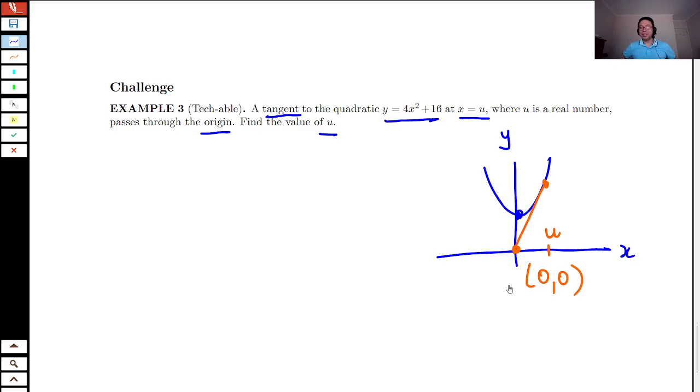So, what are we going to do? I don't know the equation of the tangent. I don't know the gradient, but I do know the y-intercept. So, maybe what I can do is define a tangent, y equals mx, to be the equation of the tangent.